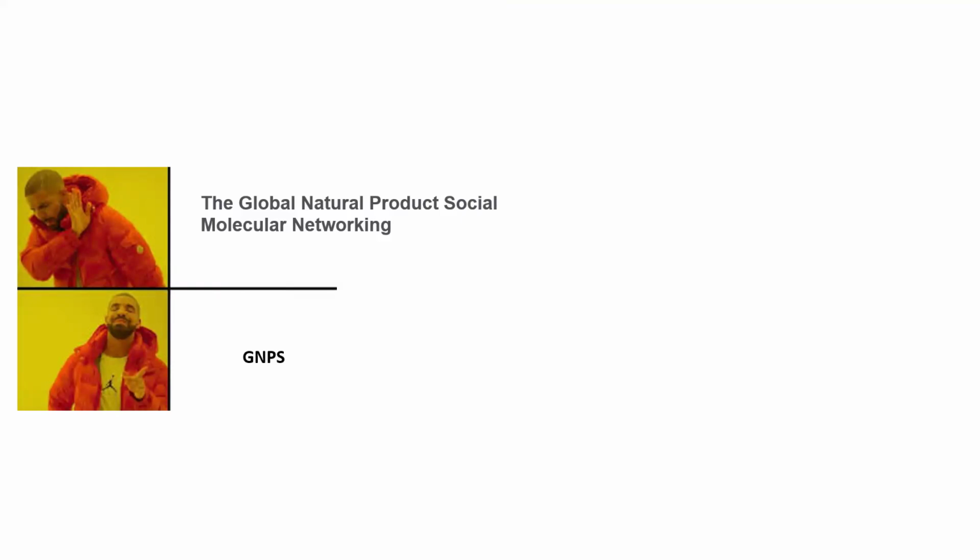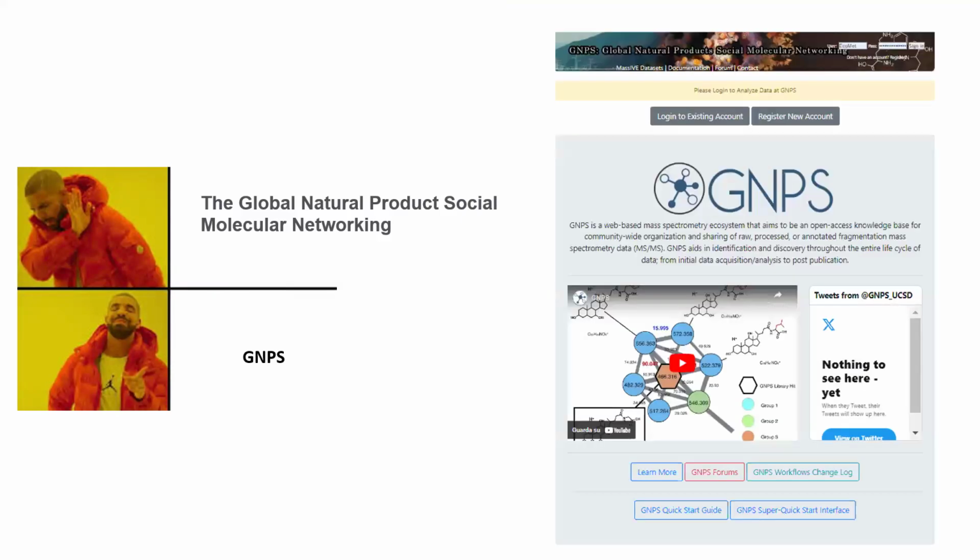Today I want to introduce you to the GNPS1 ecosystem. This is what you will find if you log on to GNPS1. But as I told you, GNPS2 has been created, and the developers did a great job creating it. So today I want to introduce you to feature-based molecular networking on this new platform.